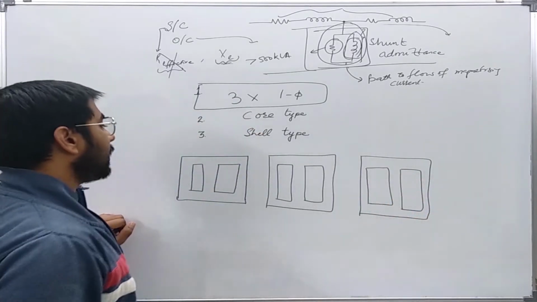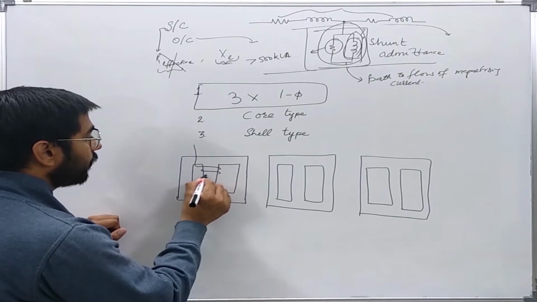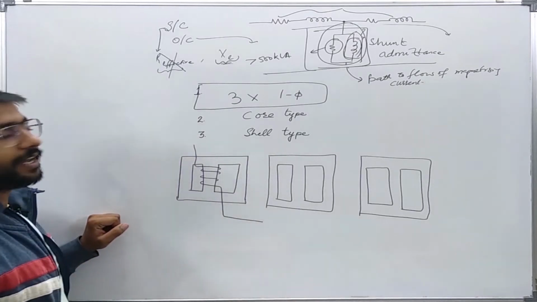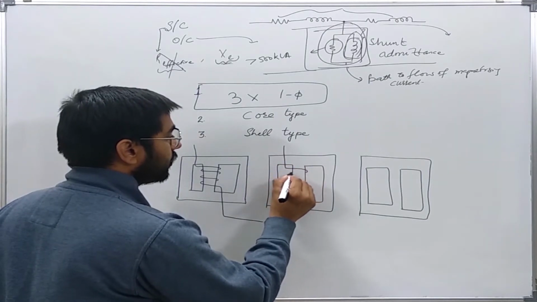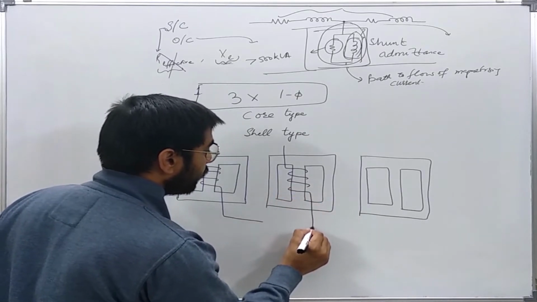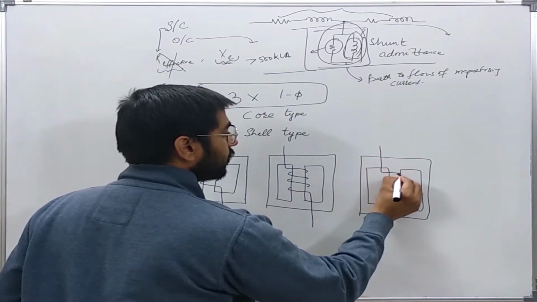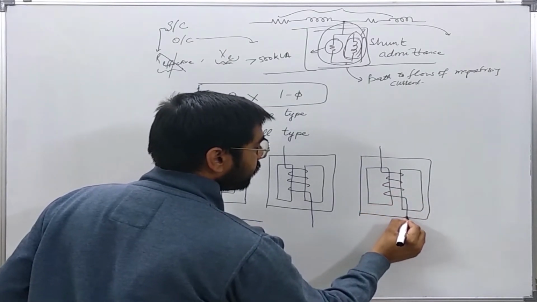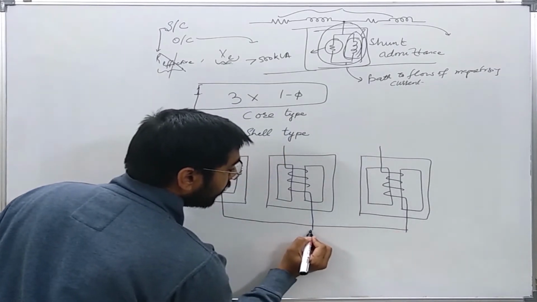Now let us put windings over them. So this is the primary winding for the first phase. This represents the primary winding for the second phase, and this represents the primary winding for the third phase. Let us say these primaries are connected in star and grounded.